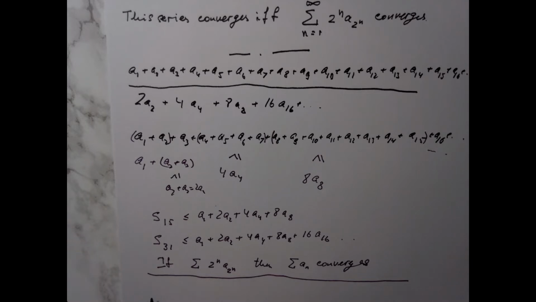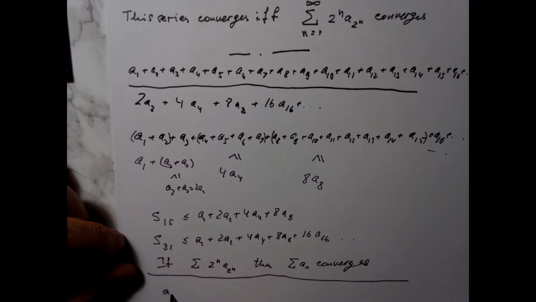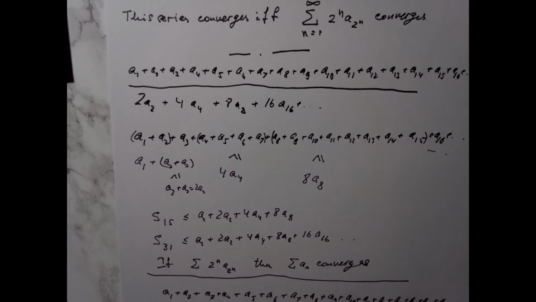It is, if I am right, and I'm sure I am, A1 plus A2 plus A3 plus A4 plus A5 plus A6 plus A7 plus A8 plus A9 plus A10 plus A11 plus A12 plus A13 plus A14 plus A15 plus A16. And this time I'm going to break my sums a little bit differently.